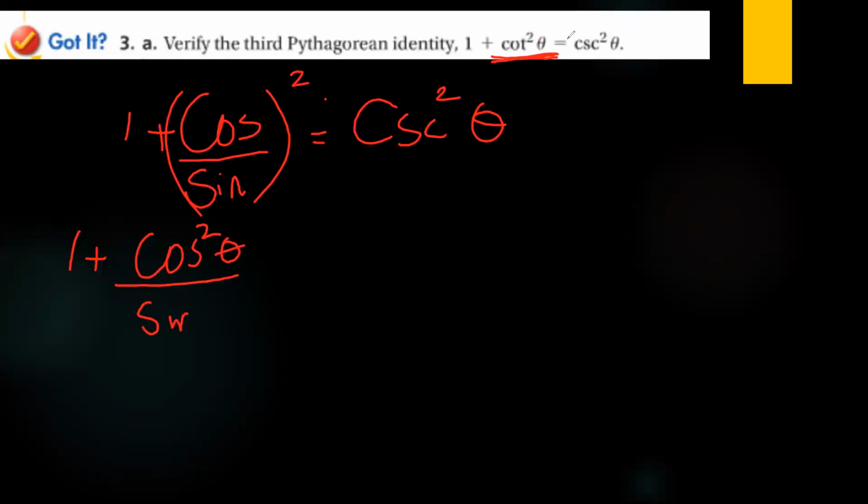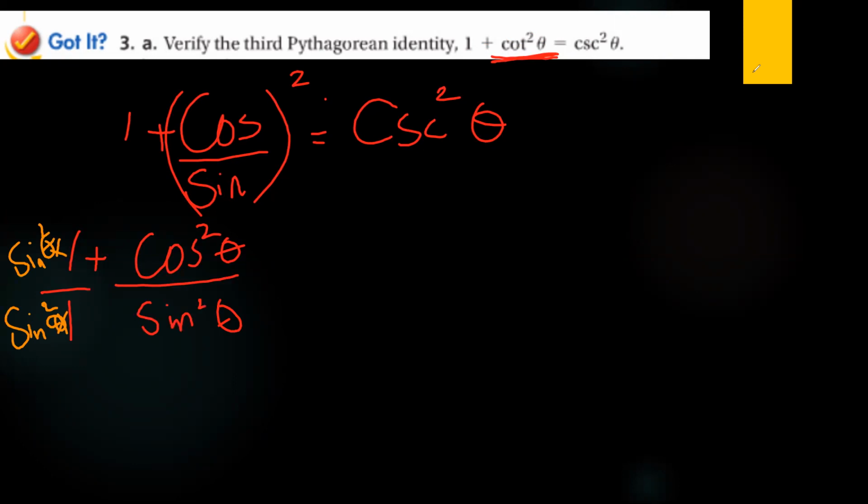So 1 plus cosine over sine squared, you have to distribute the power on both the numerator and the denominator. Then here we have 2 fractions that we can add, but they don't have the same denominator. So let's make them have the same denominator by multiplying by sine squared.